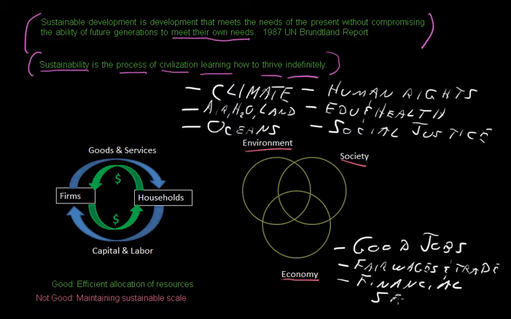A sustainable civilization needs to meet the requirements in all three, so it exists in the area where the three circles representing the requirements overlap. It's right in here.